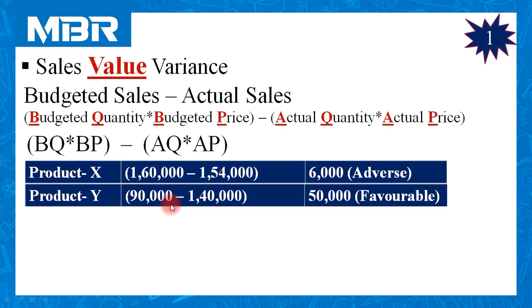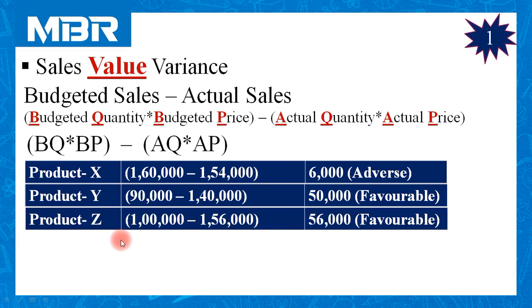As compared to budgeted sales of rupees 90,000, actual amount of sales is rupees 1,40,000. So our sales increased by rupees 50,000. As the sales is increased, revenue is also increased, and as the revenue is increased, profit is also positively affected. So it is favorable.